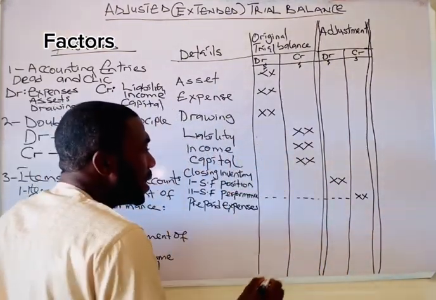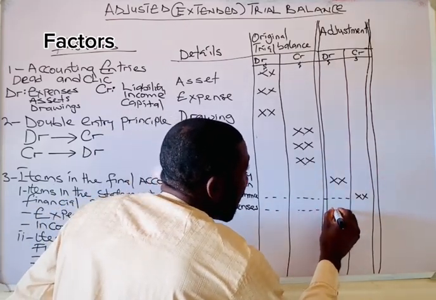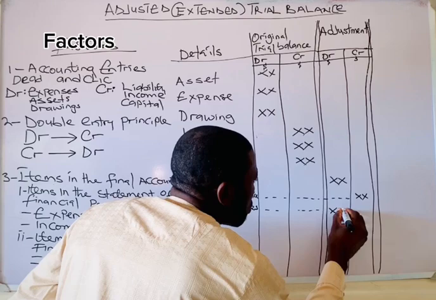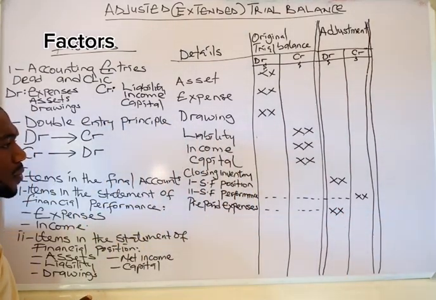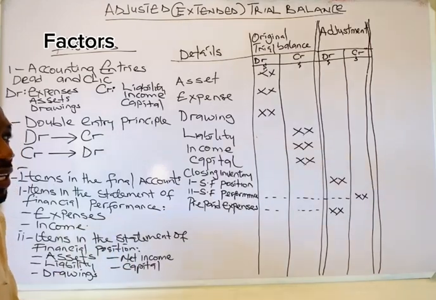So you go to your debit side and debit your asset in the adjustment column. Since this prepayment is an asset, we have already paid some part of our expenses in advance.